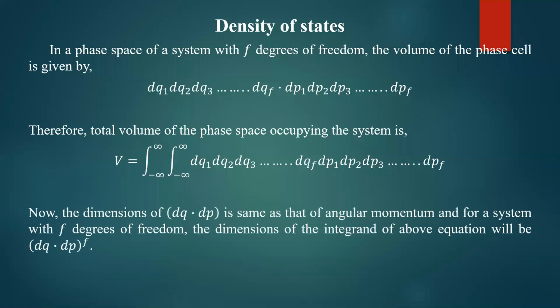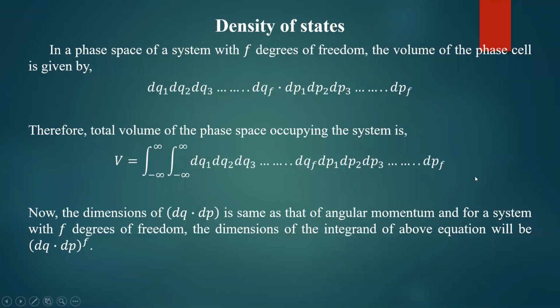Once you do that, what is this dq into dp? You take dq1 into dp1. Basically dq is the position coordinate and dp is the momentum coordinate, and position into momentum has the dimension of angular momentum. For a system with f degrees of freedom, the dimension of the integrand of the above equation will be dq into dp to the power f.